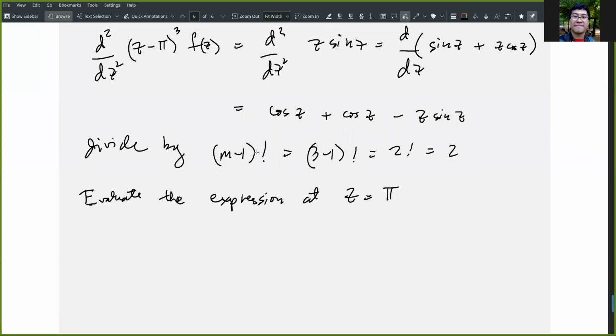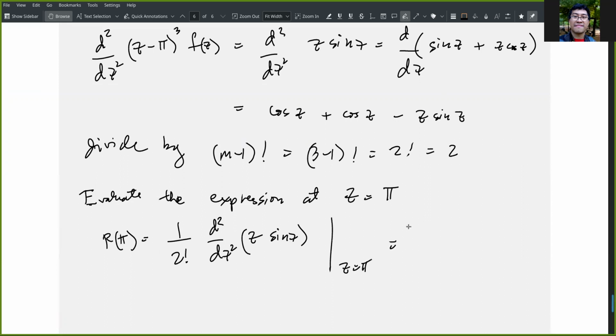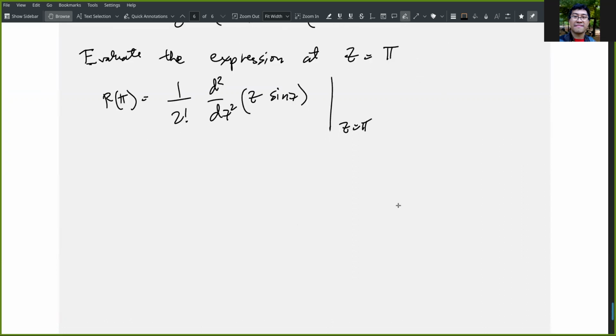So R at pi equals 1 over 2 factorial of the second derivative of z sine z, evaluated at z equals pi. So you have 1 over 2 of cosine z plus cosine z minus z sine z, evaluated at z equals pi.